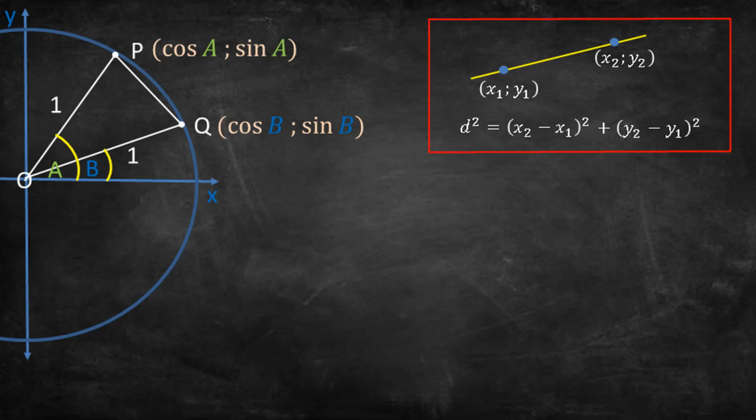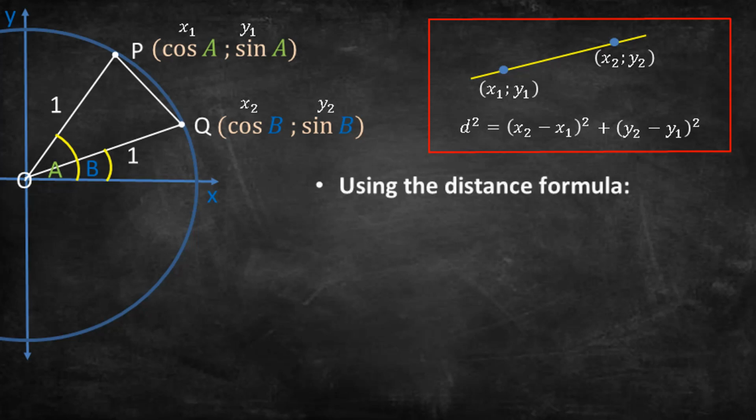So we can let the coordinates at P and Q be x1, y1 and x2, y2 respectively, and then use the distance formula to find PQ squared.